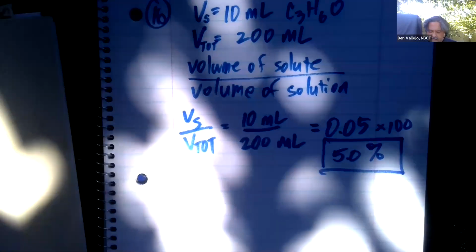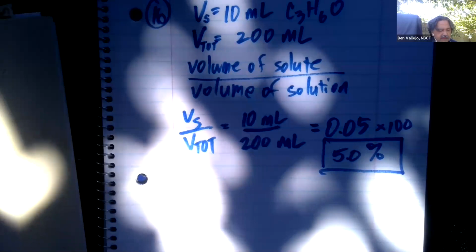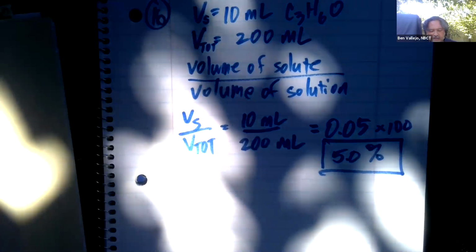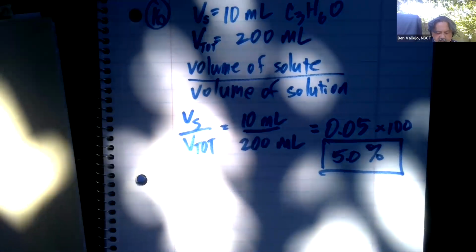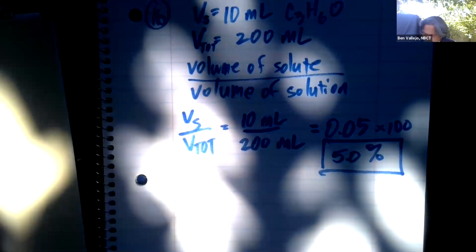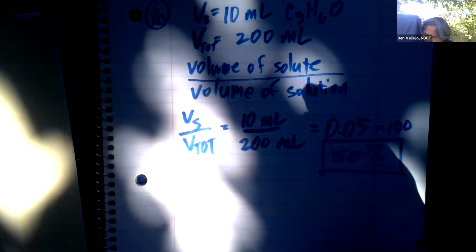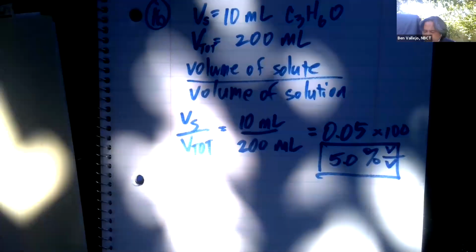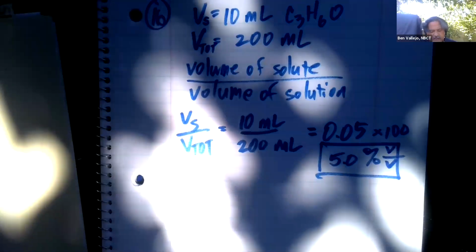And that's a percent by volume. This book actually uses an abbreviation for that. Where is it? Oh, they call it V over V. So you could write it like that, as the answer, 5%. Okay. So that is number 16.